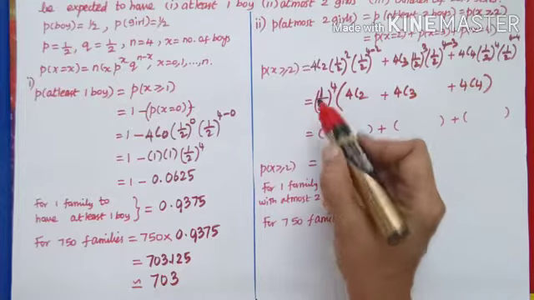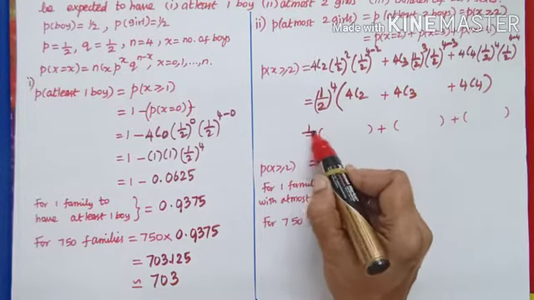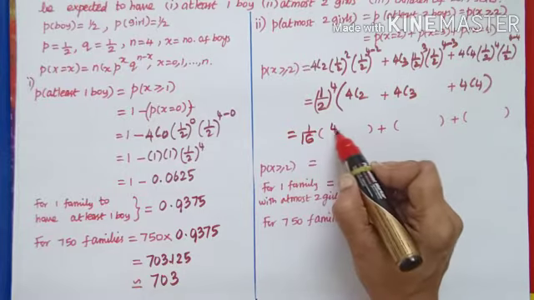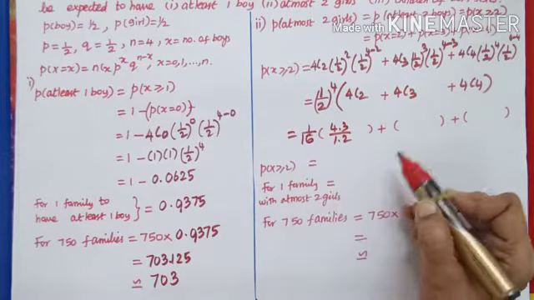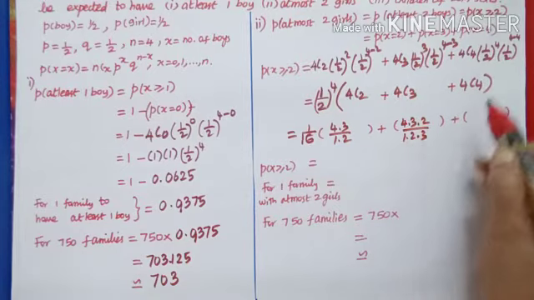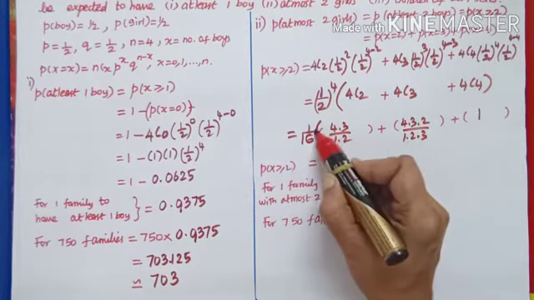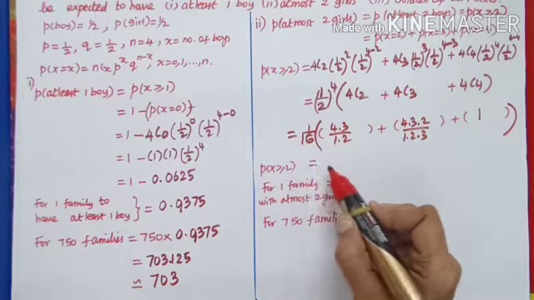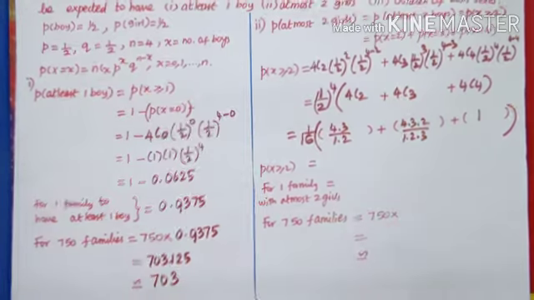Simplify this answer. Half power 4 is 1/16. 4C2 value is 4 into 3 by 1 into 2. 4C3 is 4 into 3 into 2 by 1 into 2 into 3. 4C4 is 1. Add all this and divide by 16 to find the probability.